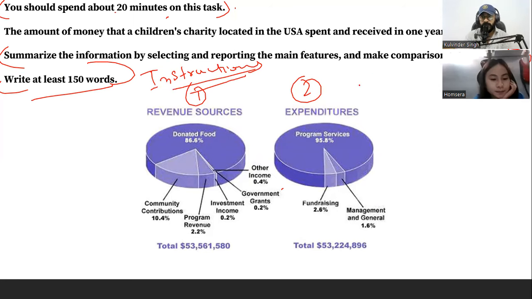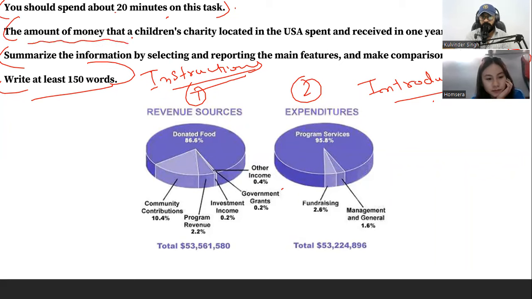I said the introduction is the paraphrased question statement. So this is what the question statement looks like: The amount of money that a children's charity located in the USA spent and received in 1 year in 2016.